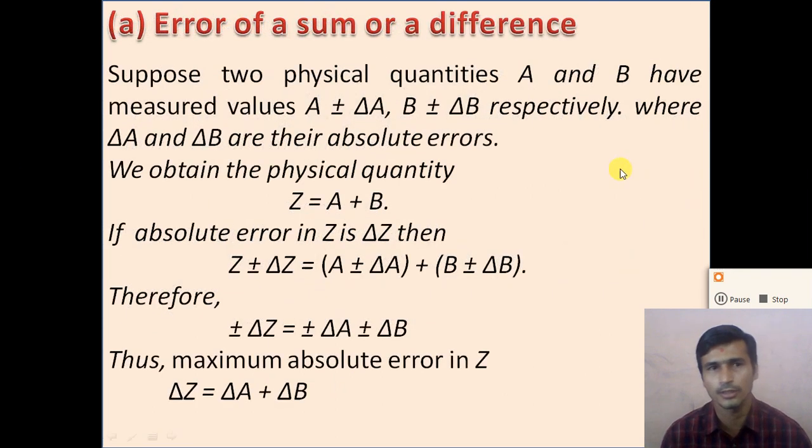First of all, the error in a sum or a difference. Suppose one physical quantity is obtained by the addition or subtraction of other physical quantities. How should the errors be combined in the sum and the difference of physical quantities?